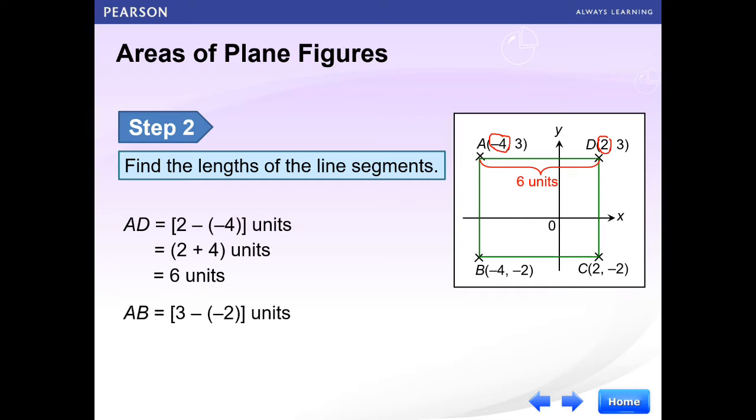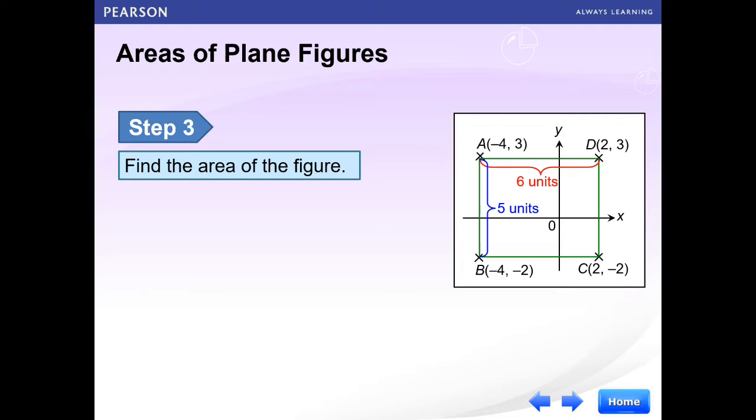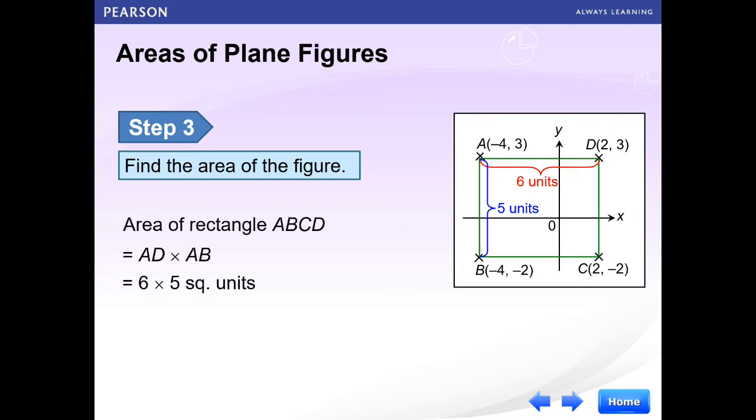For AB, you will use the 3 and -2 here, the y coordinates, because AB is a vertical line. That is 5 units. After you get the length and the width, you will multiply these two values: 6 times 5, so that you get 30 square units.